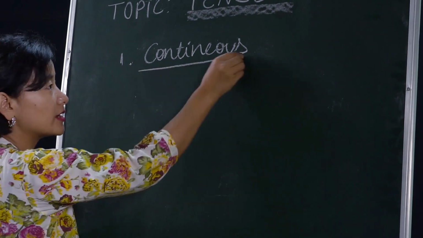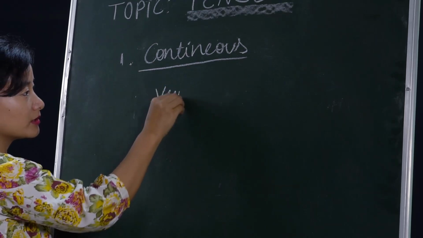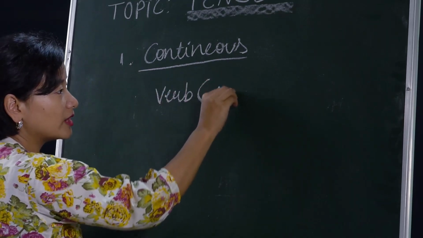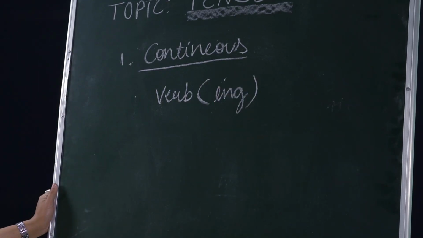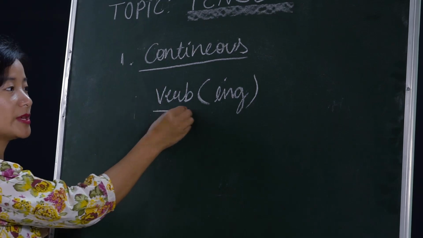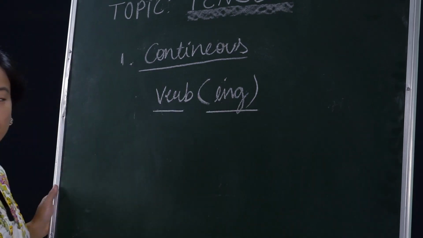Under continuous, the verb is always in the form of ing. Why? Because we are talking about an action that is in progress, whether in the past, in the present, or in the future. So you would notice that your verb is always in the ing form.